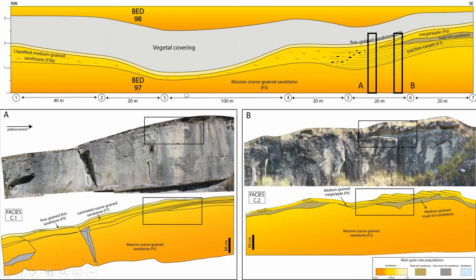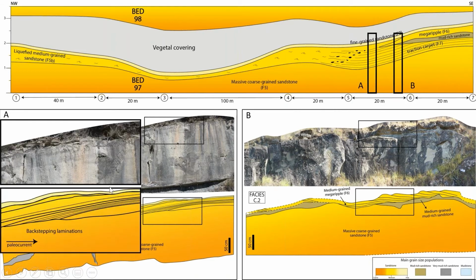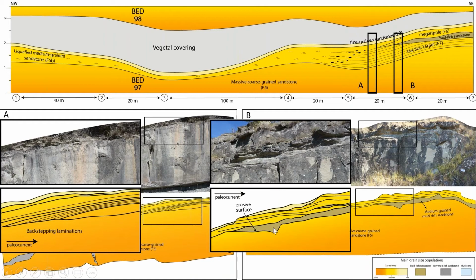Where the bed is thinner, it is composed of a massive coarse-grained base and an upper liquefied portion, while where the bed is thicker, above the massive base, there are traction carpets in backstepping, as we can see from the picture below. While to the east, this bed is characterized by the presence of an erosive surface draped by mud-rich sandstone.